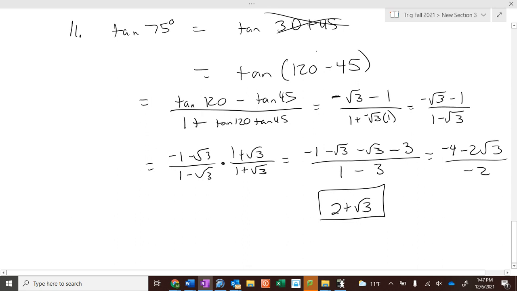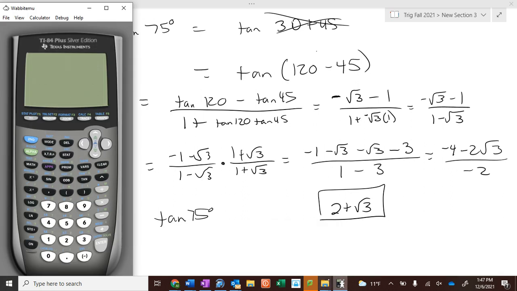Now, how can I check my answer to see if I'm right? Plug it into your calculator. Take the tangent of 75 degrees on your calculator. Take 2 plus the square root of 3 on your calculator. Let me just do that right here. On. And I got to make sure I'm in the right mode. I'm in degree mode.